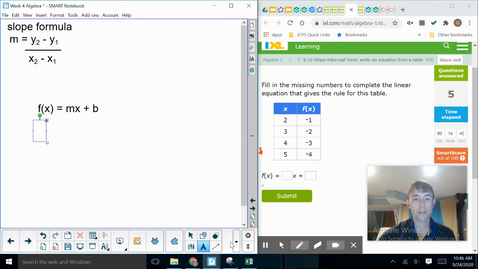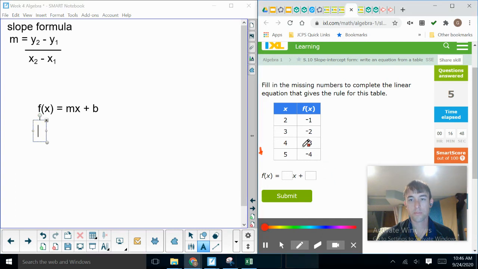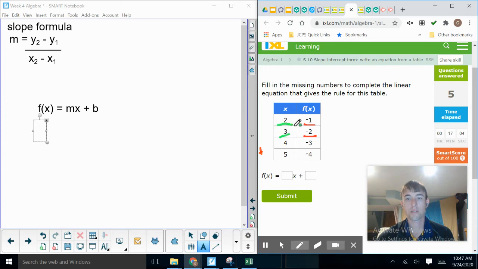So I'm going to go through and choose y2. Nope, let's go back and choose this one. Smaller numbers are better. y2 minus y1, and then x2 minus x1.